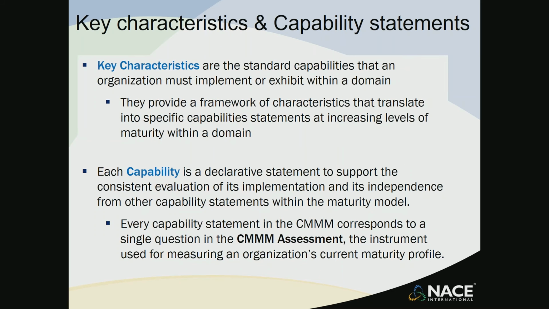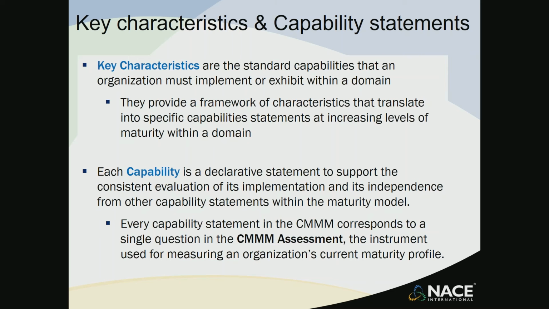Those key characteristics and capability statements, remember, are the characteristics at each maturity level. While it's possible that an organization may exhibit capabilities associated with several maturity levels within a particular domain, like policy or organization, the model requires that for a given level of maturity to be achieved, the capabilities for that level and all lower levels in that domain must be sufficiently implemented.